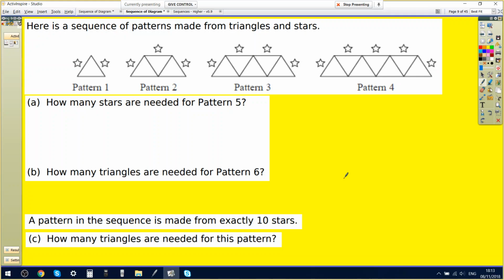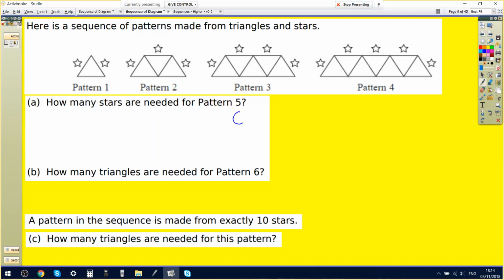Okay, let's try this one. Can you see this one? 6 stars.